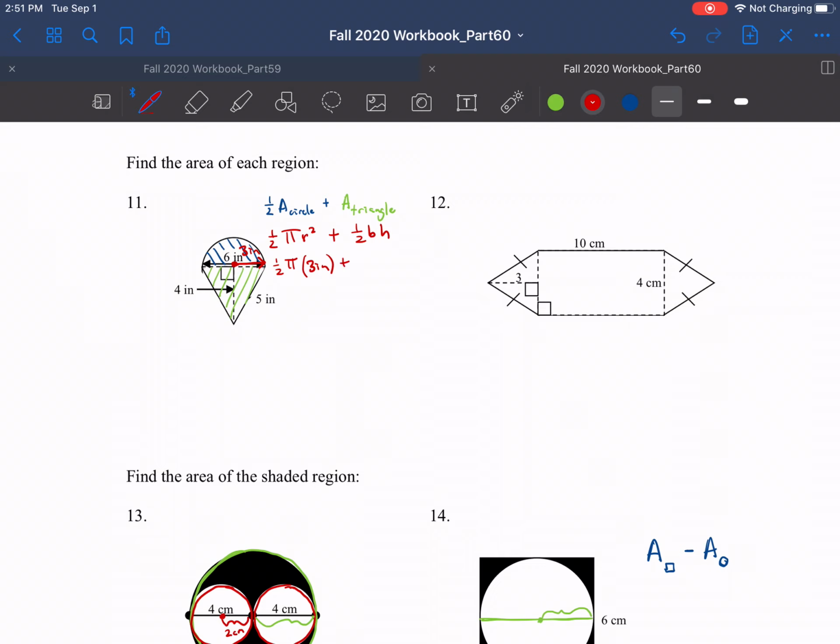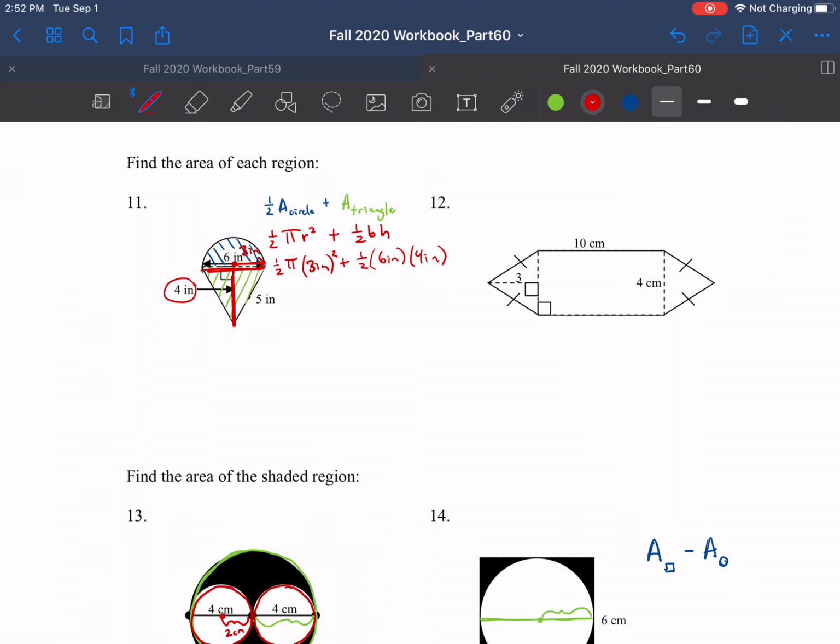And squared. And then we have to add on 1/2. The base of the triangle is the whole 6 inches. And the height of the triangle is this 4 that's right there for that part, is 4 inches. And so 1/2 times pi times 3 squared. 3 squared is 9.